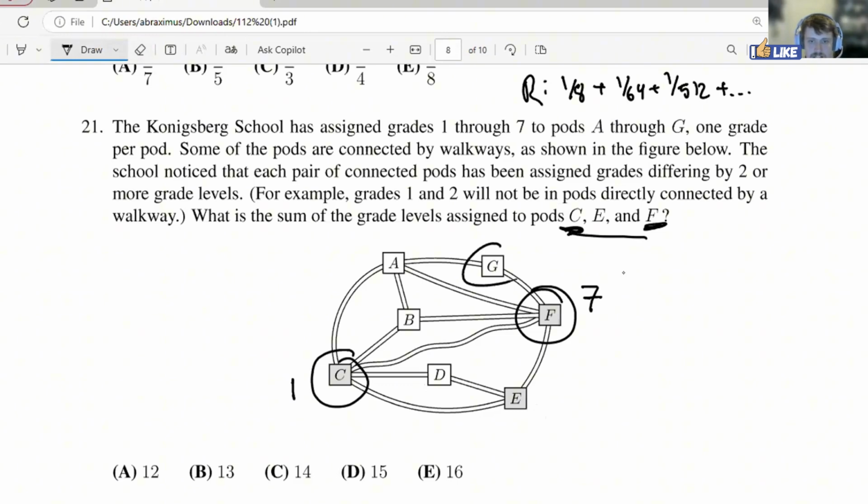Now, G is next to 7, and it is far away from 1. So the 2 can't go here, and it can't be in these other 2. The only one that the 2 can be in is over here in G.